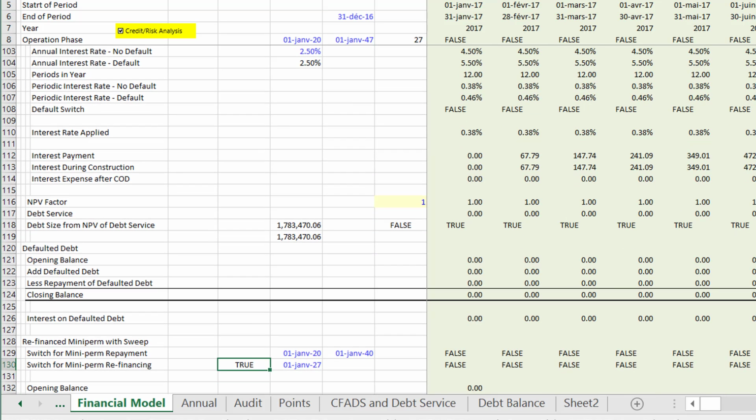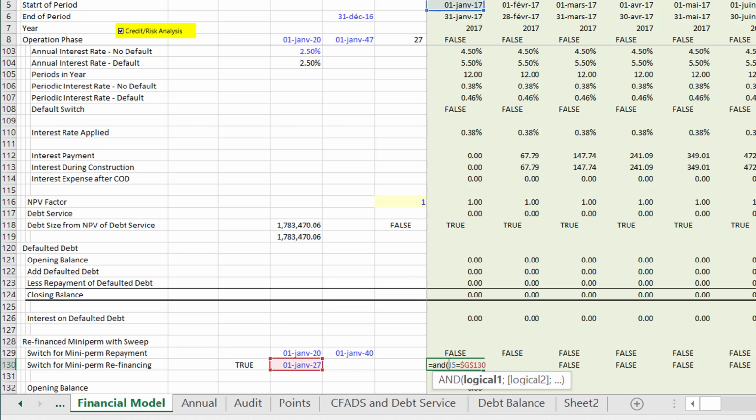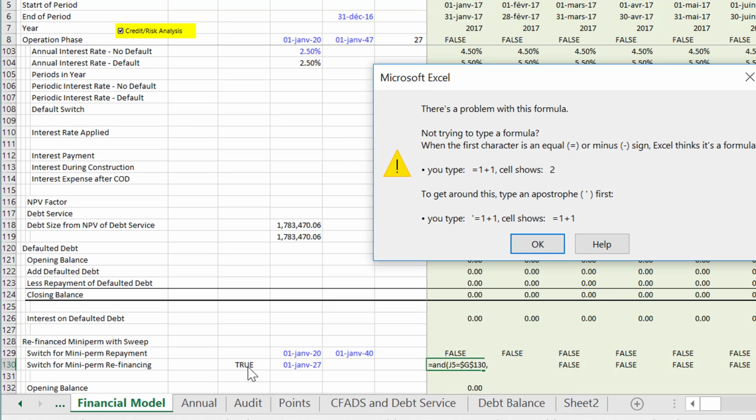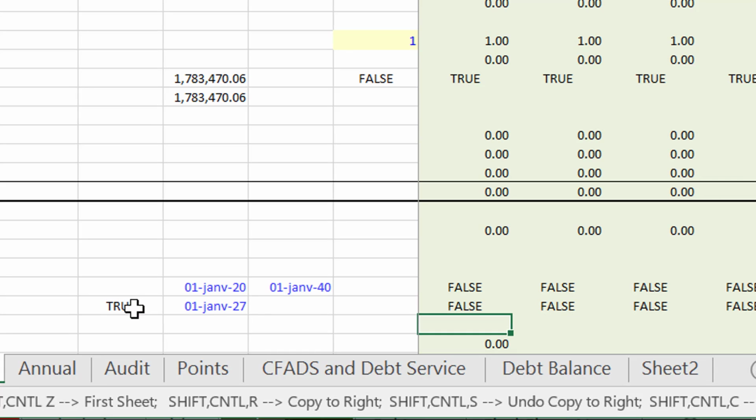And then here we also have to put an AND. And so we don't ever do this whole Mini-perm stuff unless we're in the correct mode. All right.